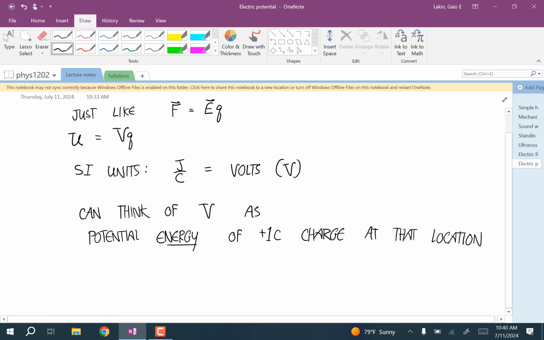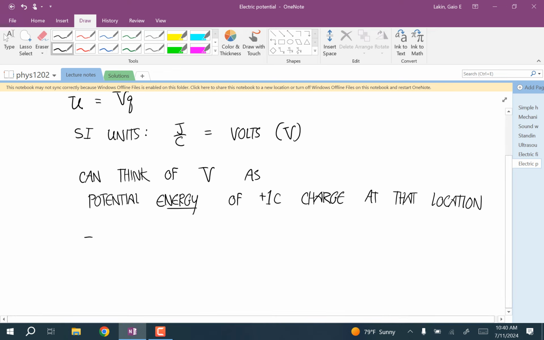And remember, there are some questions that I'm going to ask about work also. So keep in mind as you do these that work done by a conservative force is equal to negative change in potential energy.